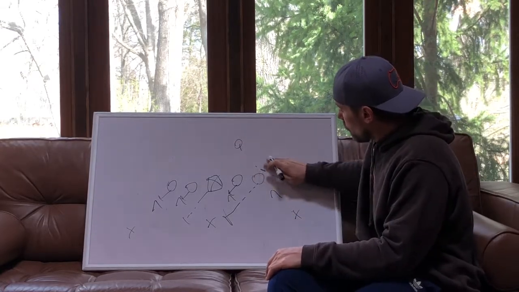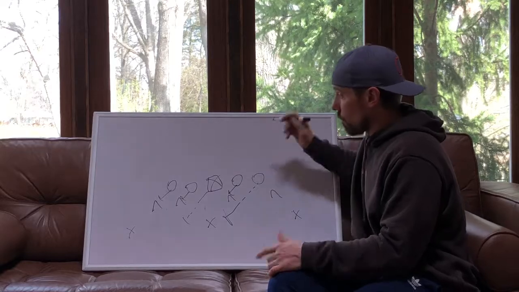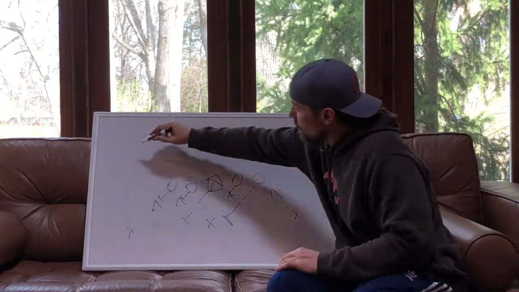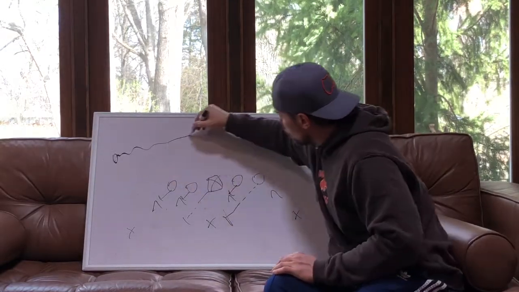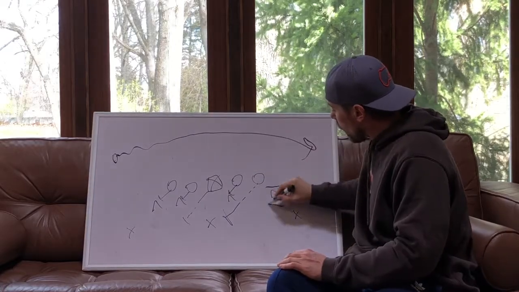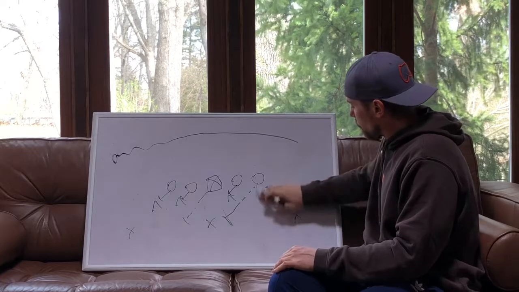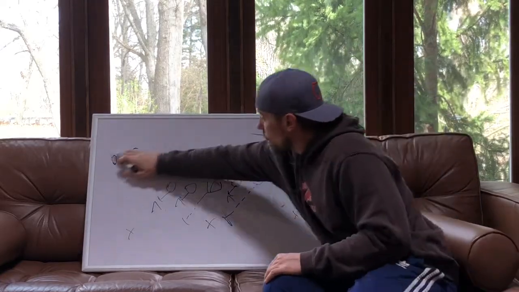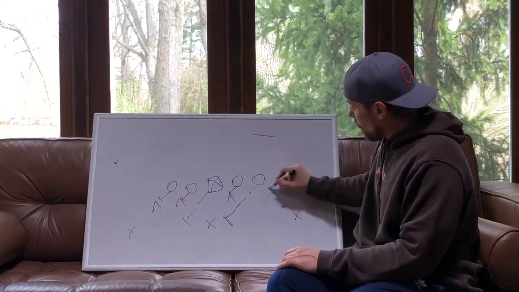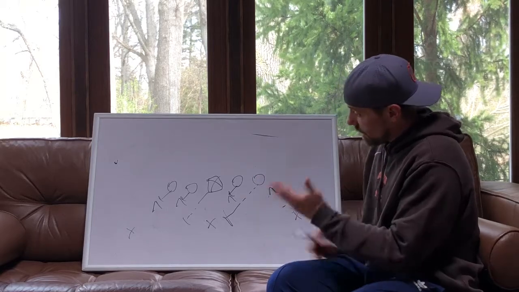That could be an inverted veer read, where we're blocking back and running jet motion and coming across, and we're reading this guy with the quarterback. That could be inside zone going this way. If you look, that's how we block inside zone.